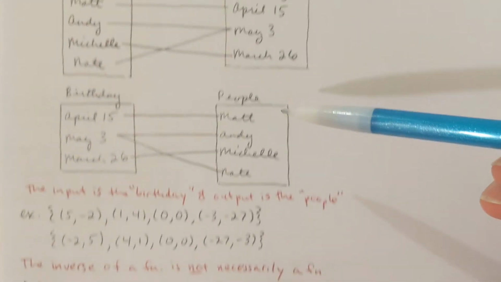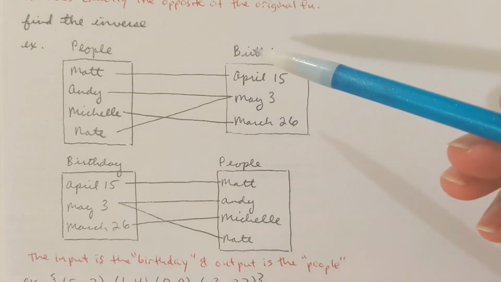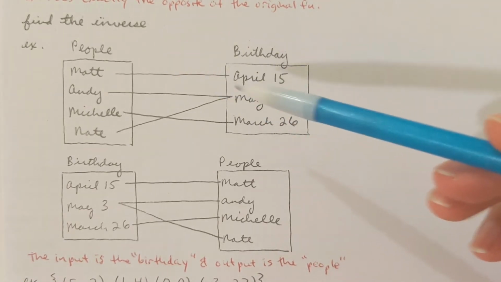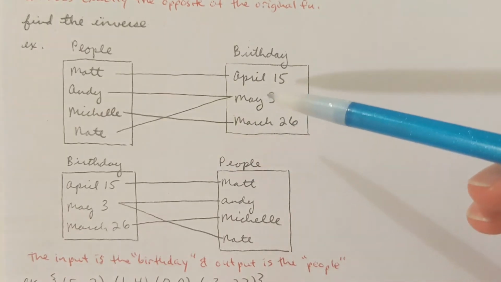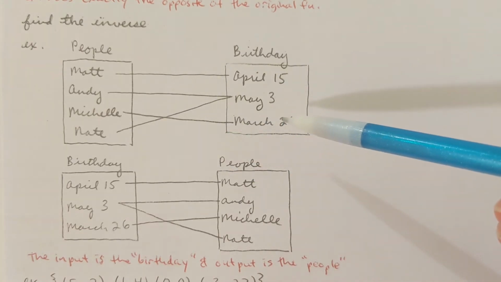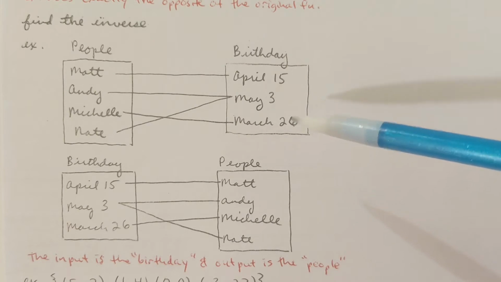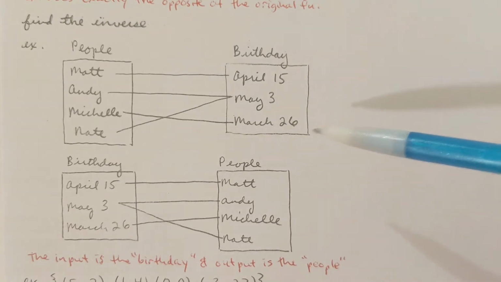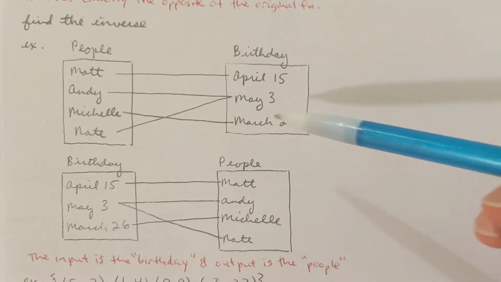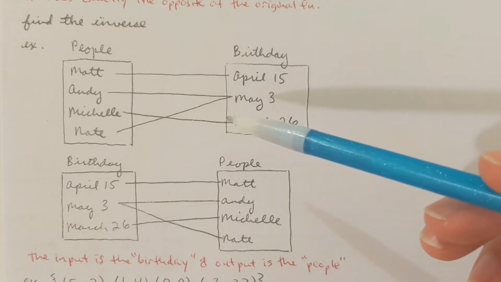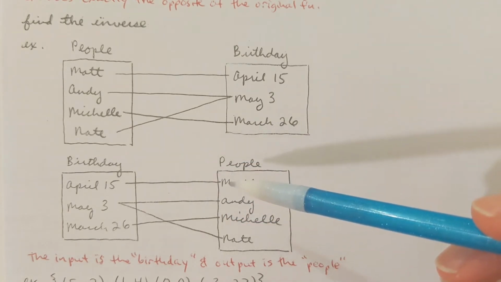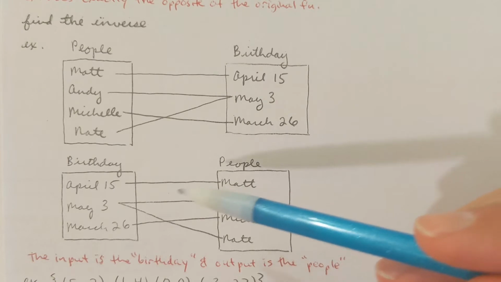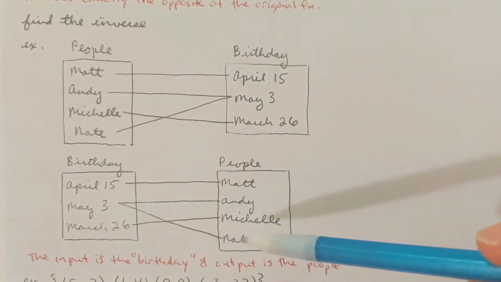Let's go back to these first two examples here. Here's my function, f of x. And notice how I do have a function, even though Andy and Nate share the same birthday. Since for each input there's only one output. Everybody has exactly one birthday. It's impossible for somebody to have two different birthdays. So I do have a function, but the inverse is not a function, because I get an input going to two different outputs.